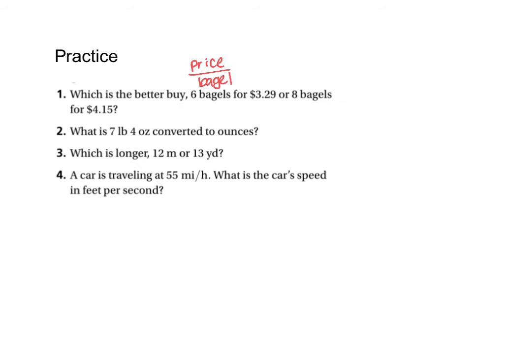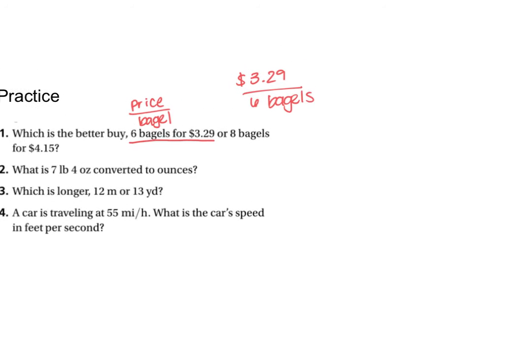All right, so let's take the first one, which we have $3.29 per 6 bagels. And our unit on the top is dollars, so let's make sure that we put a dollar sign.